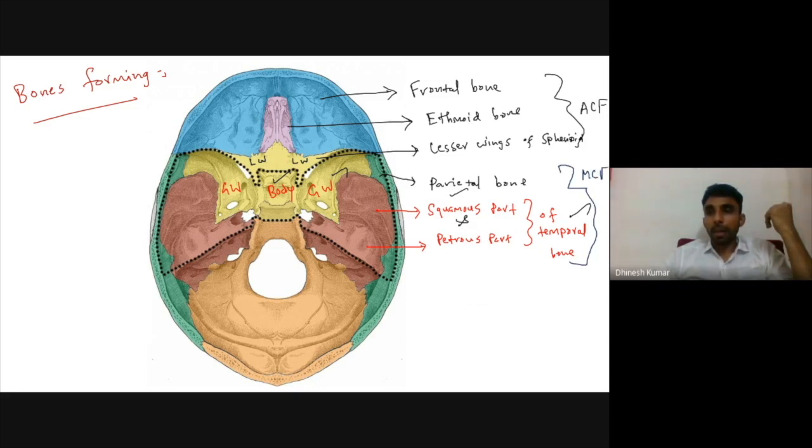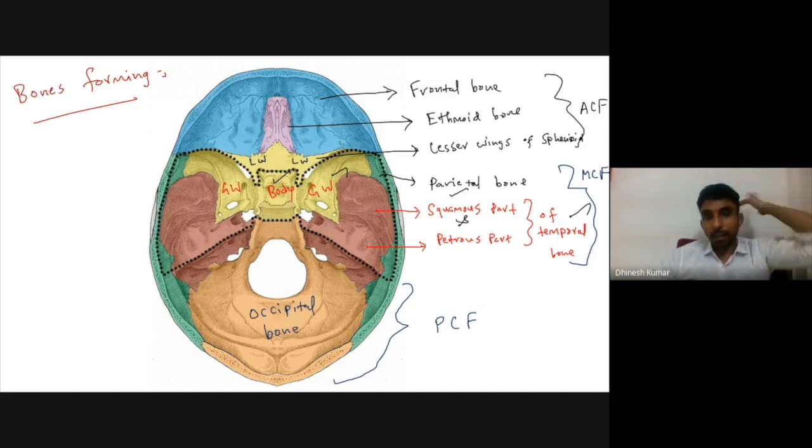Now coming to the posterior cranial fossa, what are the bones forming the posterior cranial fossa? Yes, the main bone forming the posterior cranial fossa is occipital bone, which is located behind, isn't it?